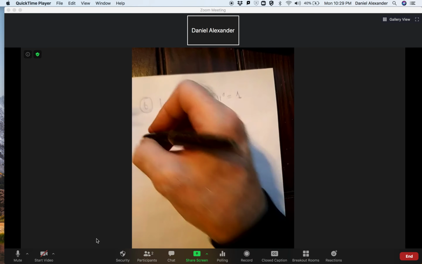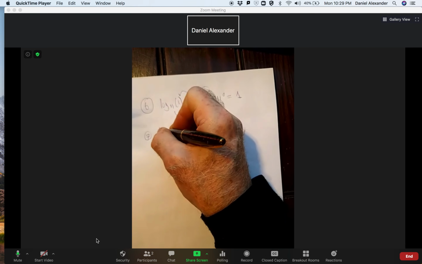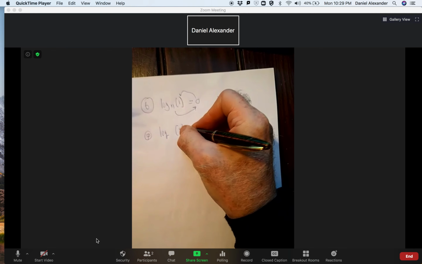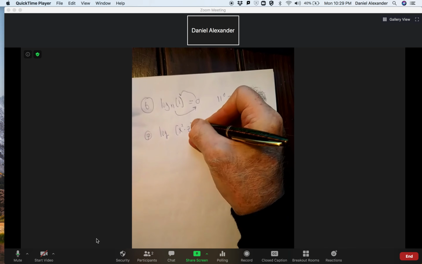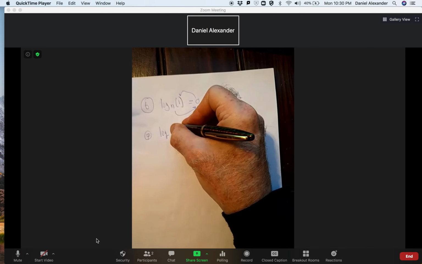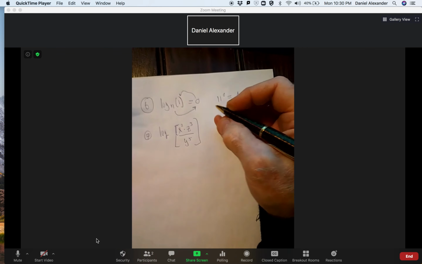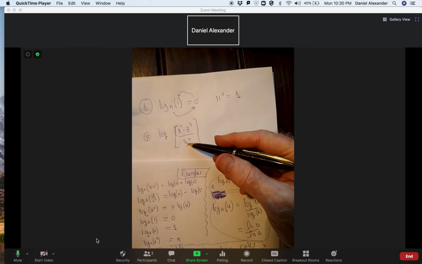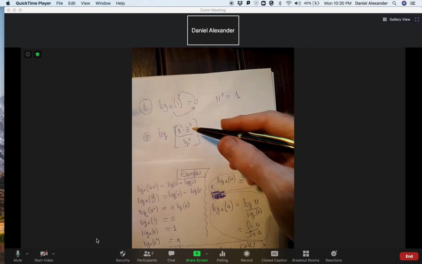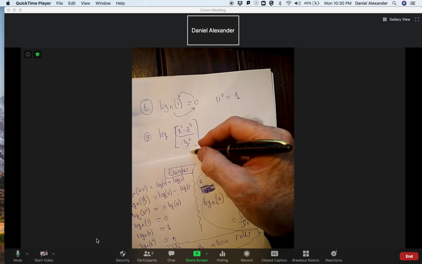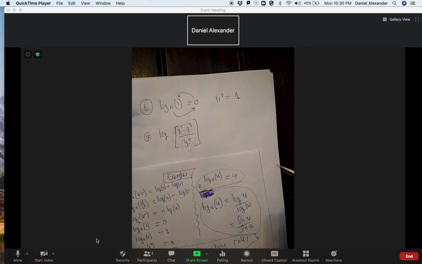Number 7, it's a more complicated one. We're going to get log of x squared times z cubed all over y to the 5th. So again, this is a division and then a multiplication. So first I'm going to use this one, with this as my v and that as my u.